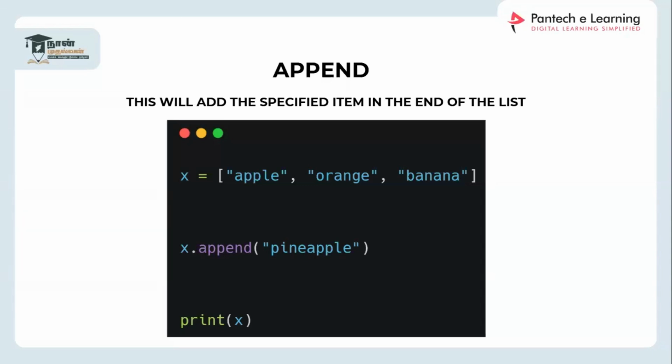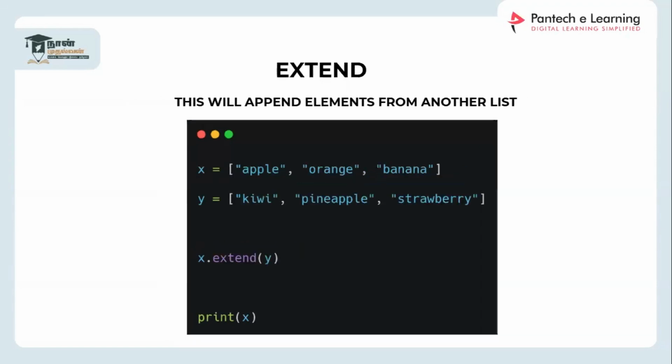Any word you add will be stored at the end of the list. The next one is the extend function. Extend is used to combine two different lists. Here, apple, orange, banana, and kiwi, pineapple, strawberry are two different fruit lists. Using the extend function, we can combine the two lists.